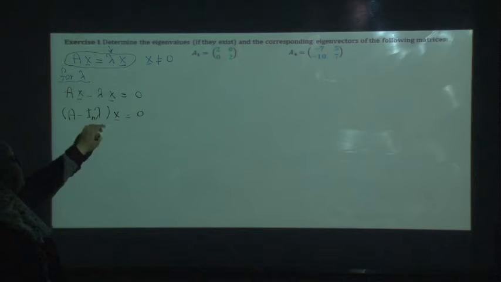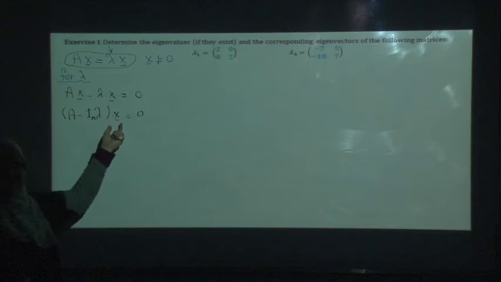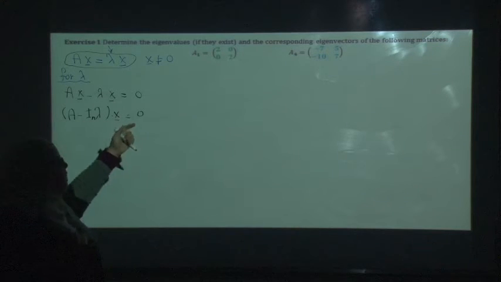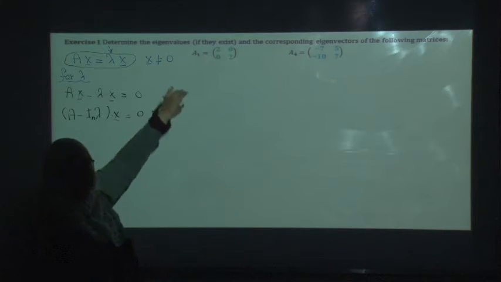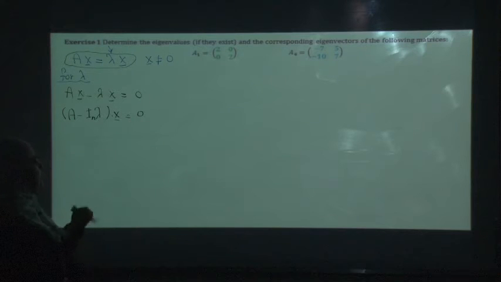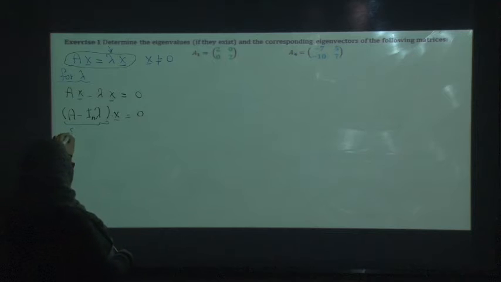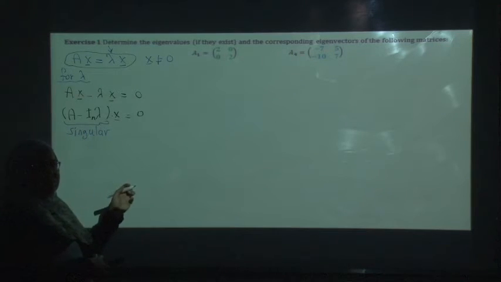Now solving for lambda: if we have this term times x equal to 0, and knowing that x is not equal to 0, from where would the 0 come? From this term, exactly. Therefore, this matrix has to be not invertible. It has to have no inverse. It has to be a singular matrix, and singular means what?